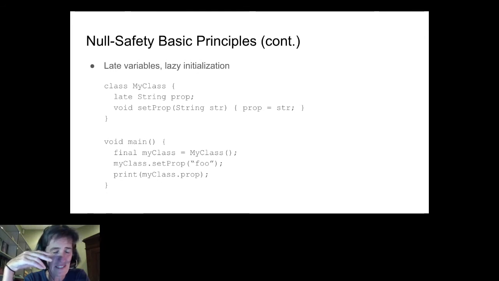What you say in this case is, the variable will be initialized before it is read the first time, but it must not be initialized immediately. So in my case here, for example, I initialize an object of this class, I set the property to value foo, and then I consume it. This is safe. If I had swapped the last two lines, it would not be safe, and it would not compile.